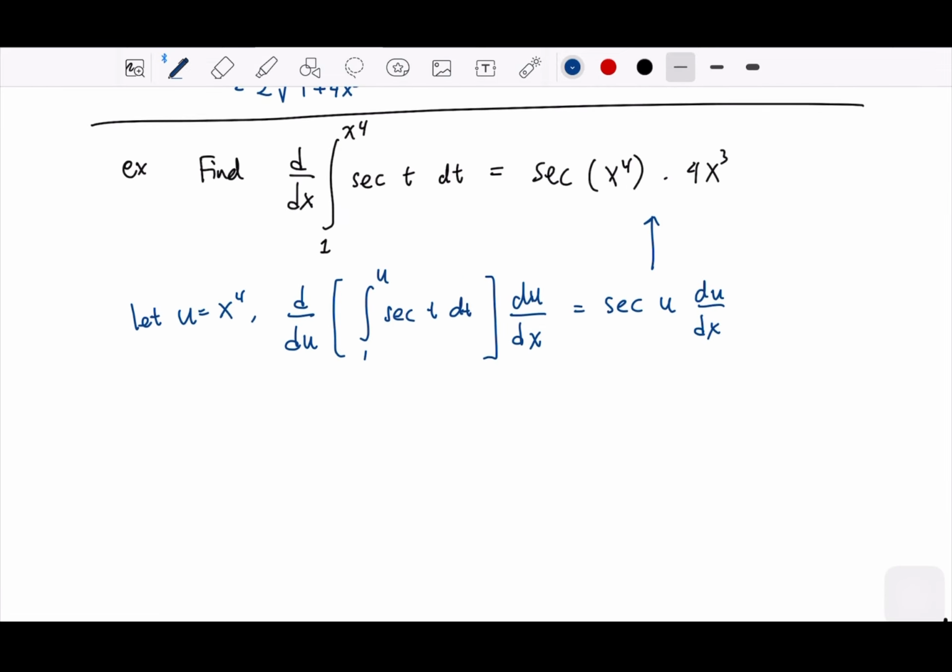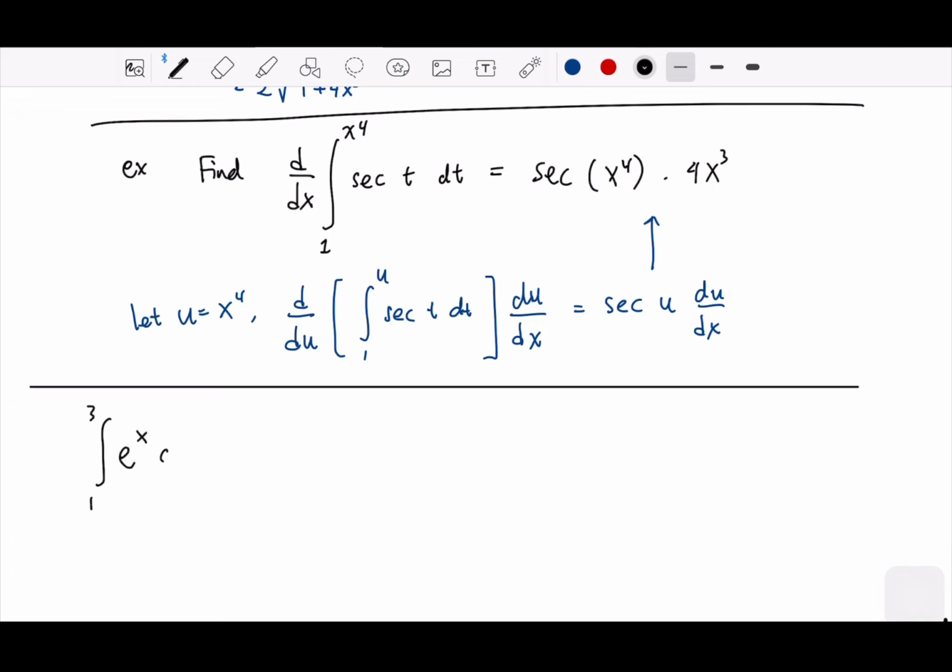Part 2 is more direct, because it will evaluate the whole numbers. So if we have integration from 1 to 3 of e to the x dx, let me just finish this.